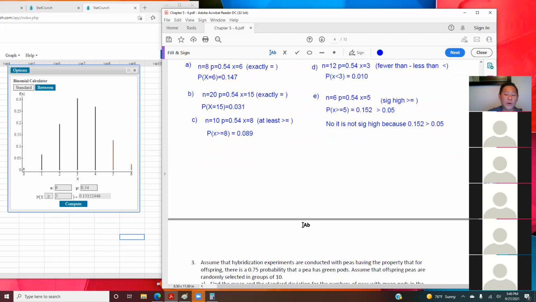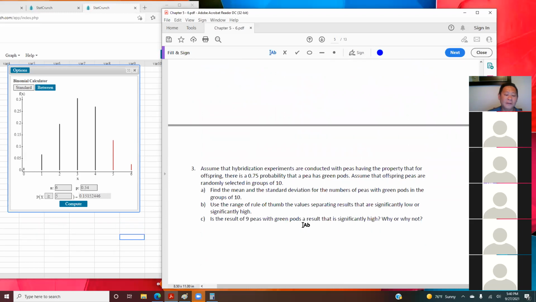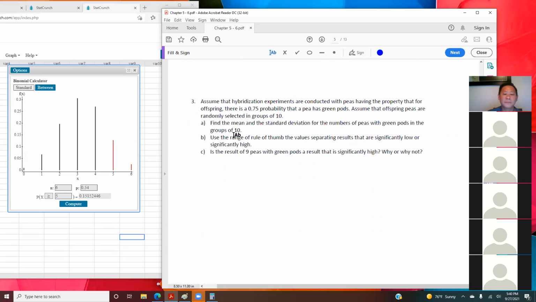Right. Read question 3. Tell me your N, your P, and your X. N is 10, so we have a group of 10.